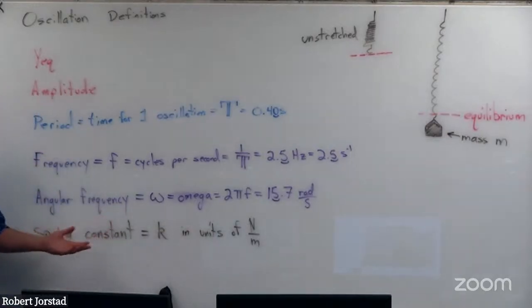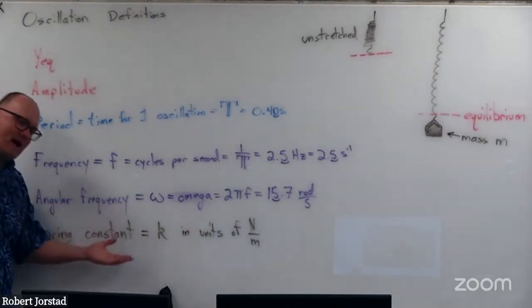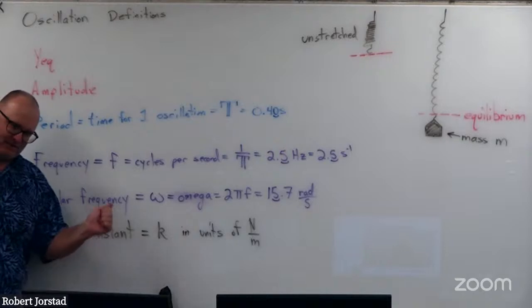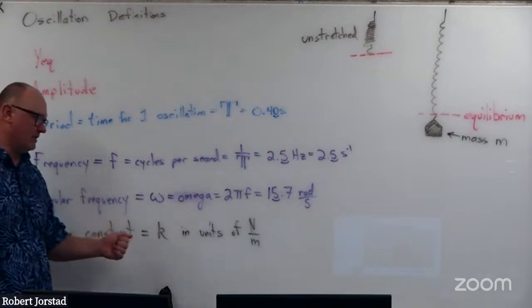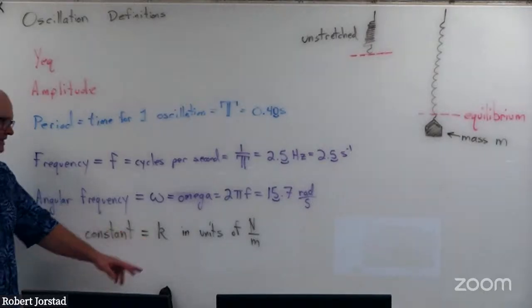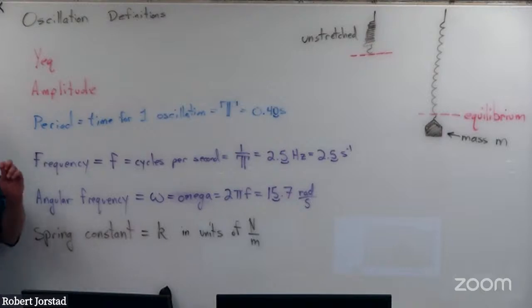In the next chapter, we're going to be talking about waves. K will mean something else. It will have different units. So it's going to be important to really pay attention to the units on these parameters, not just the symbol used, because sometimes the symbol K will have these units. Sometimes the symbol K will have a totally different meaning in the next chapter.